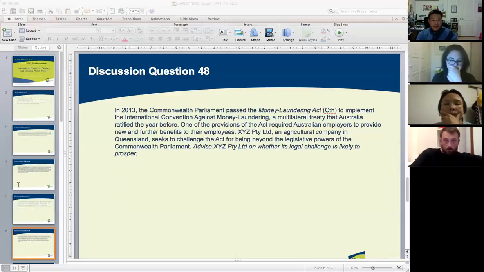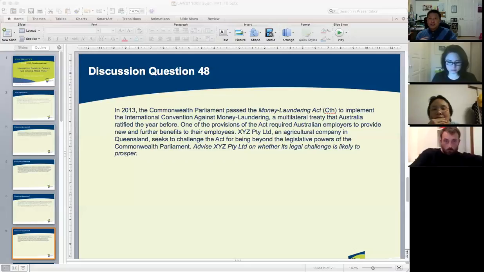The argument that can be made here is, I'm just finding it funny, really, how expansive the power of the Commonwealth Parliament is. It can actually be argued that on the basis of the Money Laundering Act, one of its key provisions has effects on employee benefits.